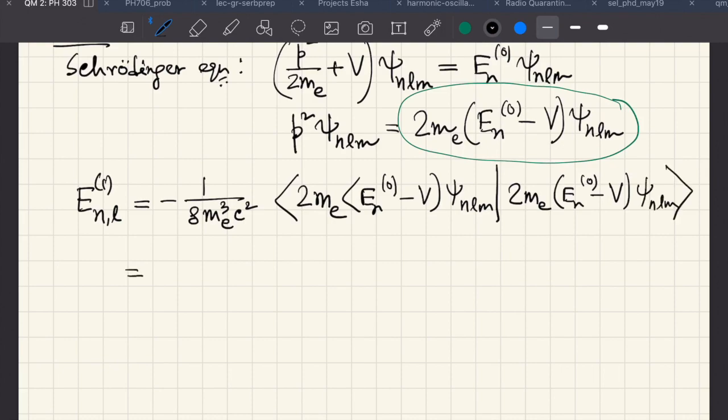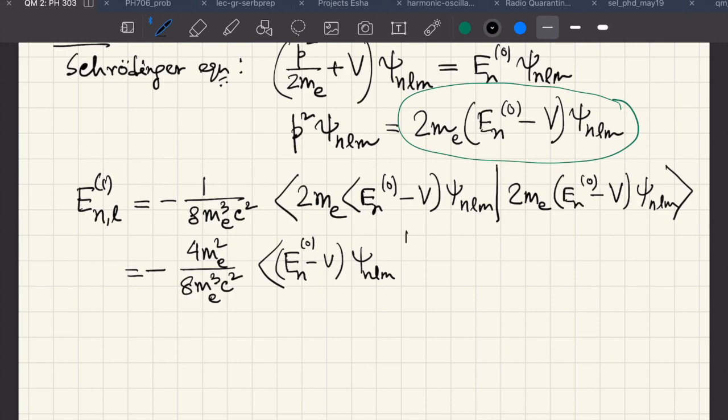This is equal to 2me into 2me, that is 4me squared in the numerator, divided by 8 me cube c squared, times (En0 minus V) psi NLM, (En0 minus V) psi NLM.